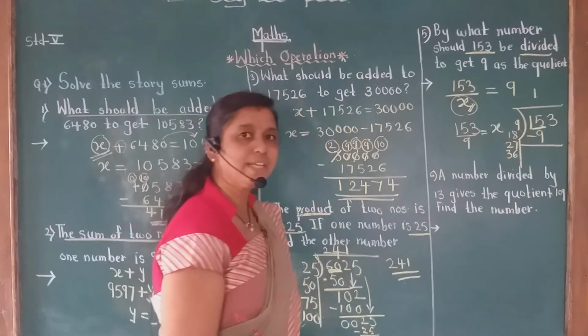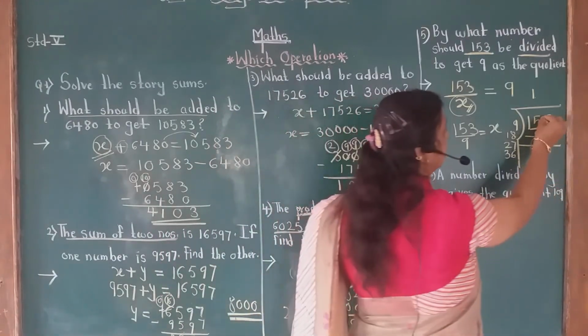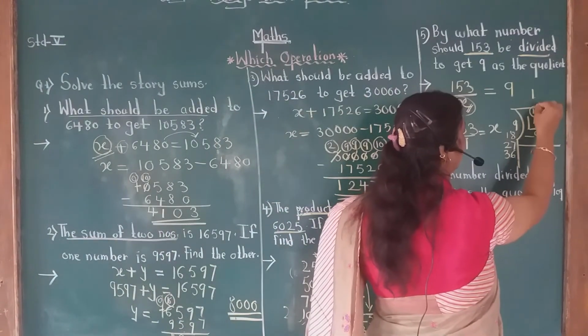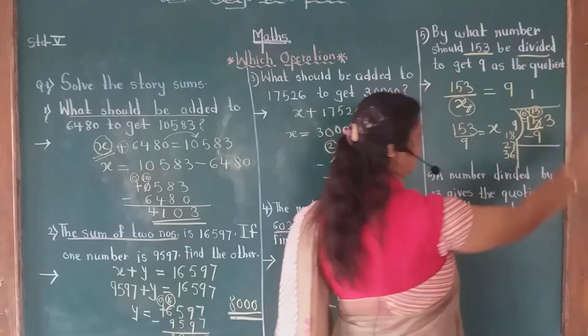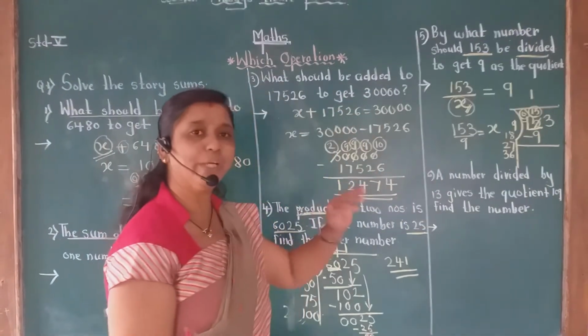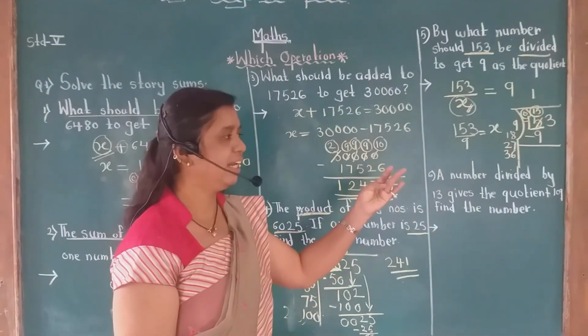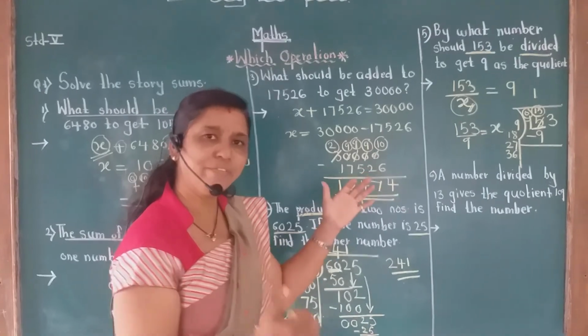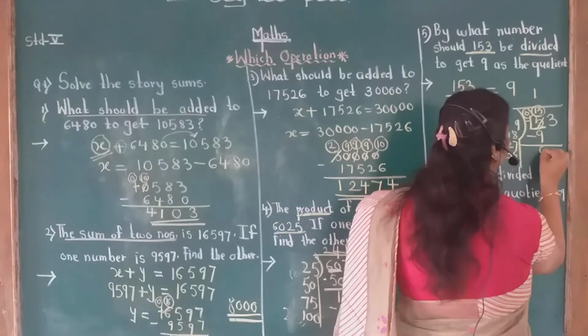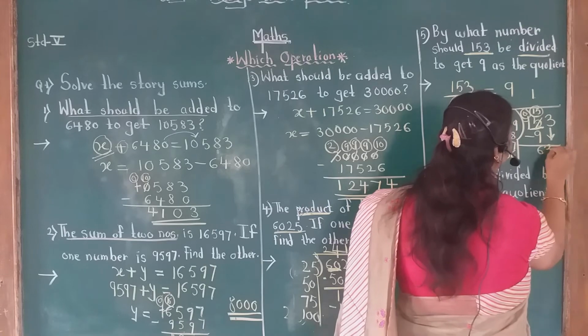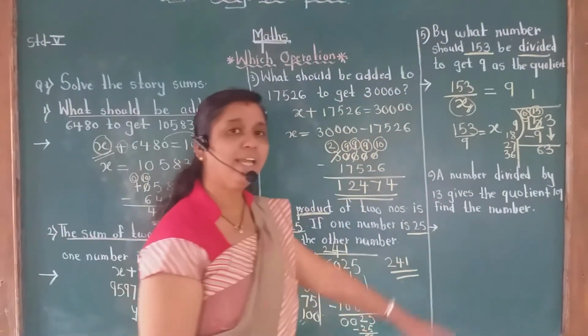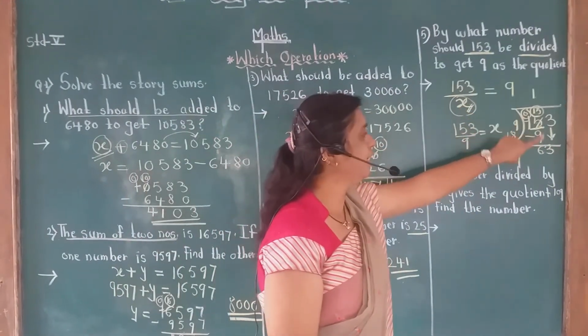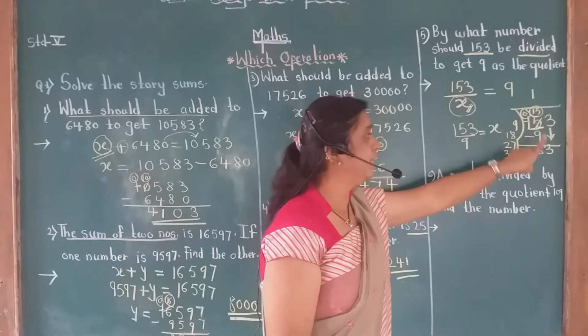Then is 5 minus 9 possible? No. Then you have to borrow here. Here will be 0. Then 15 minus 9, you can count after 9: 10, 11, 12, 13, 14 and 15. So it will be 6. Then you have to call downside 3. Again you have to see in the table of 9, is 63 there?